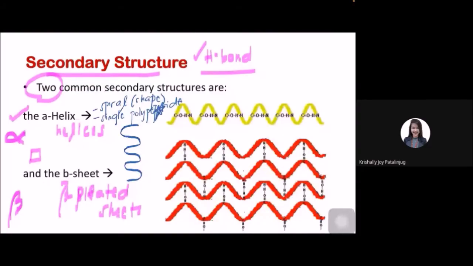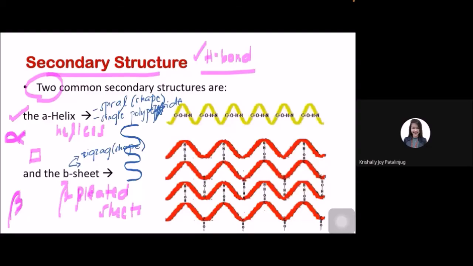Okay, and then, for beta pleated sheet naman, yung shape niya, zigzag. Kana inyong nakikita sa screen, di ba? Zigzag yung shape niya. And often, when it comes to composition niya, pwede isang polypeptide or more polypeptides yung makikita.